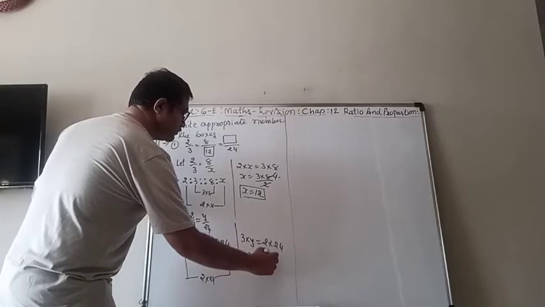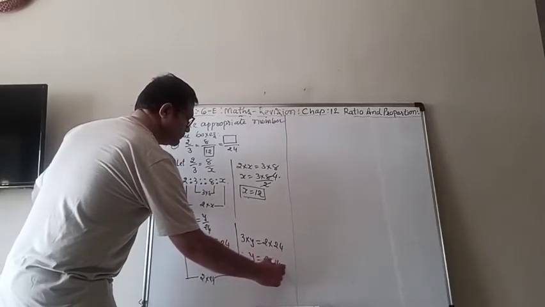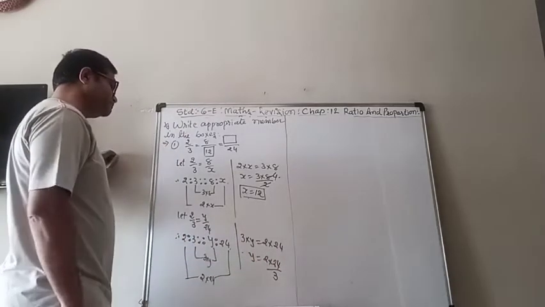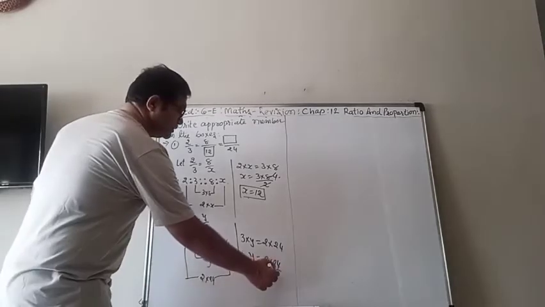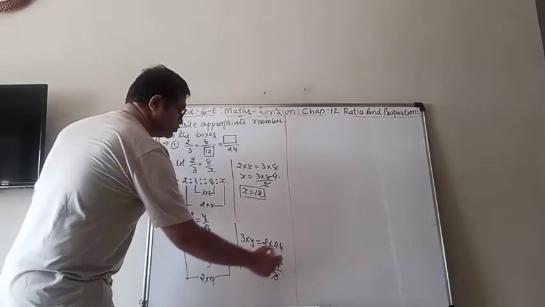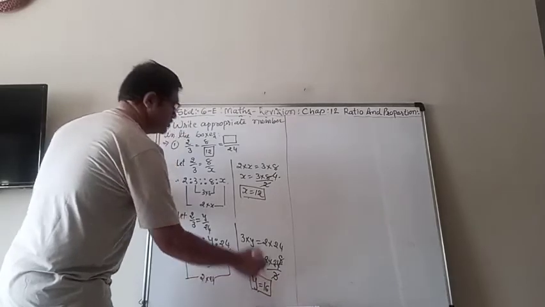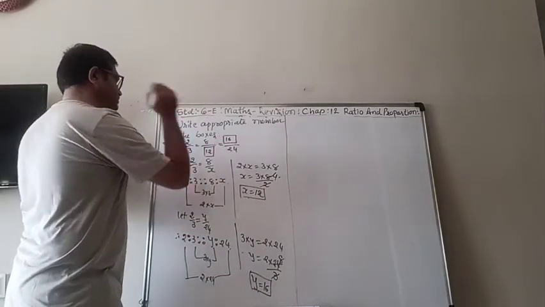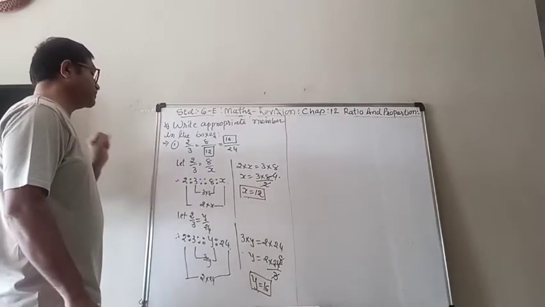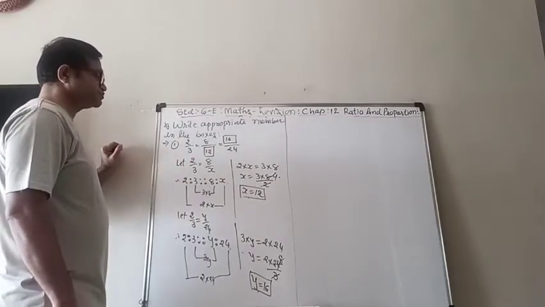So y is equal to 2 multiplied by 24 divided by 3. 3 eights are 24, so 2 eights are 16. So y is equal to 16. So here in the second we get the answer 16.